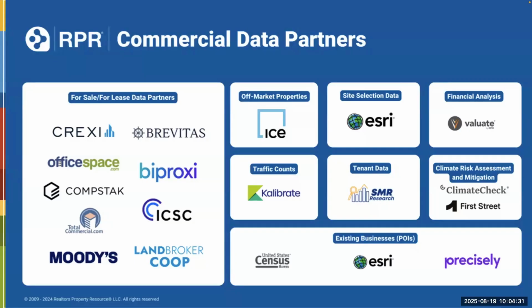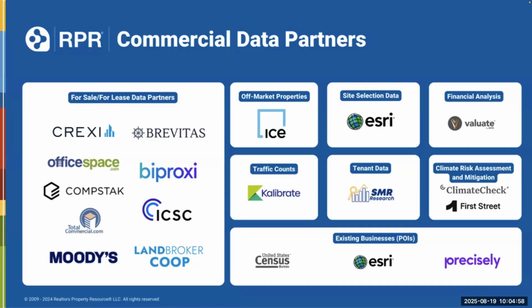So let's take a minute and talk about some of those data partners. Our property information that's available for sale or for lease comes in from the commercial MLS feeds and commercial information exchanges, as well as Crexi, Brevitas, Office Space, ByProxy, ICSC, Total Commercial, Moody's, and LandBroker.